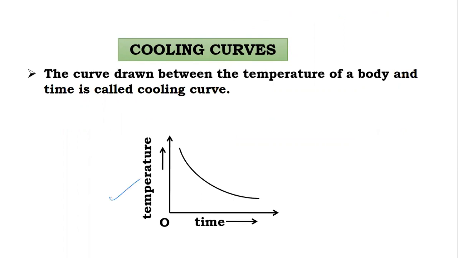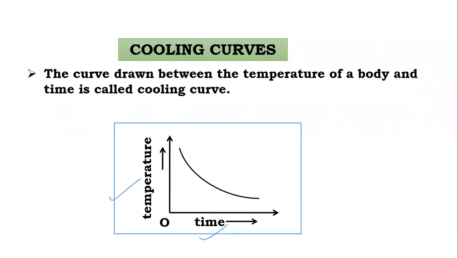This is the temperature axis, this is the time axis. As time passes, the temperature starts decreasing exponentially. You have to find the slope of this graph and use it to verify Newton's law of cooling, as well as find the room temperature. It is in the practical part of the 12th standard syllabus.